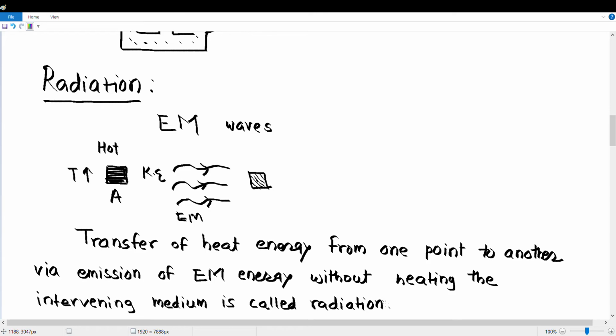So what is radiation? Radiation is the transfer of heat energy from one point to another via emission of electromagnetic energy without heating the intervening medium.